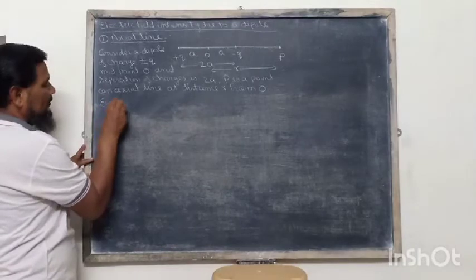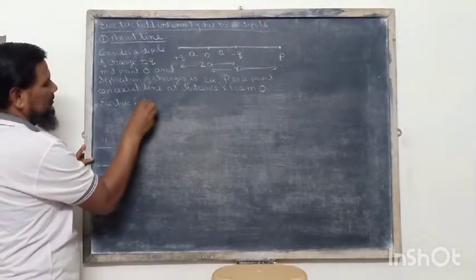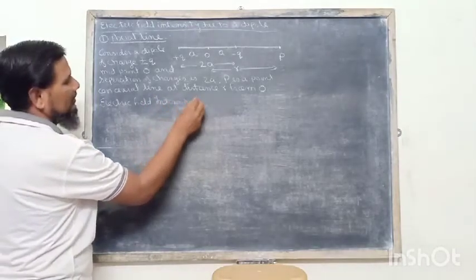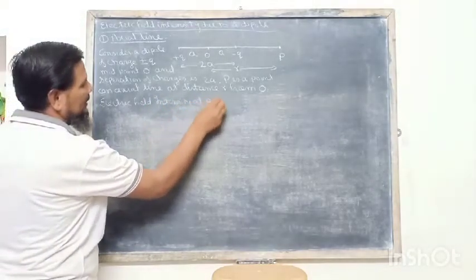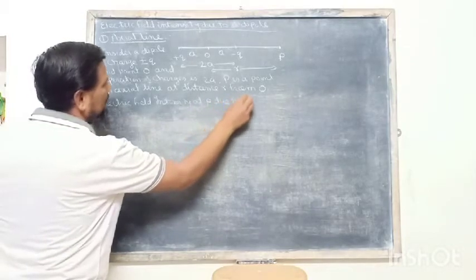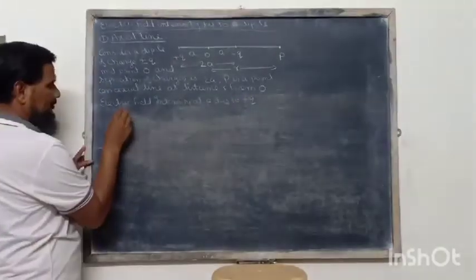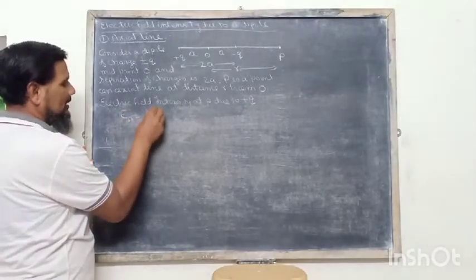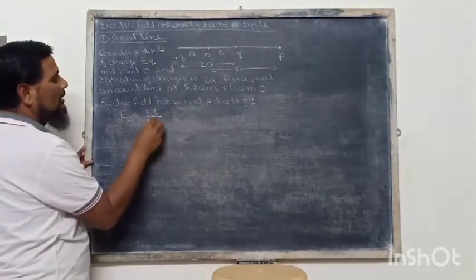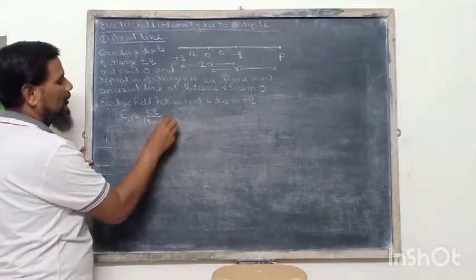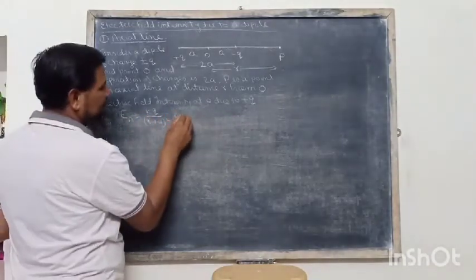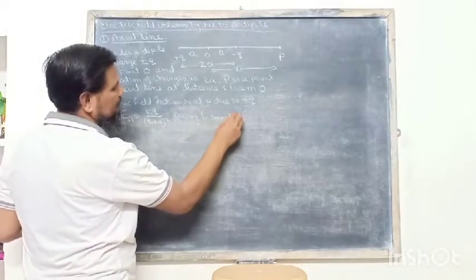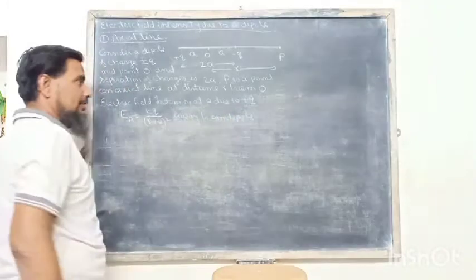So the electric field intensity at P due to plus q charge, EA, will be KQ upon (r plus A) whole square, directed away from the dipole.